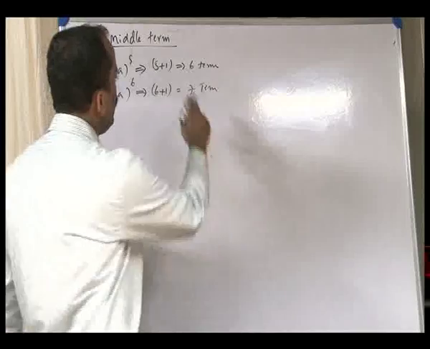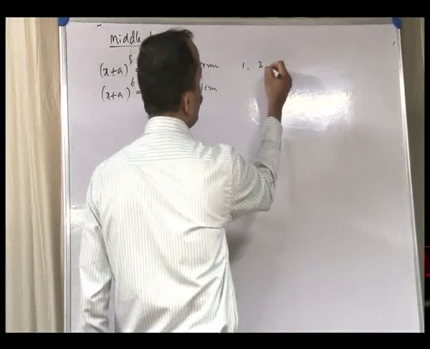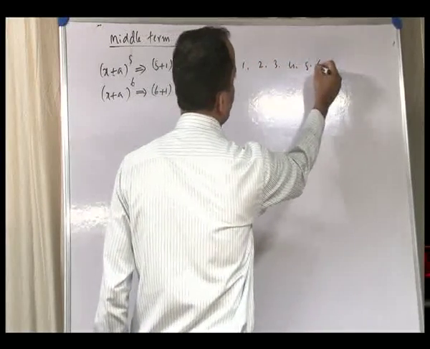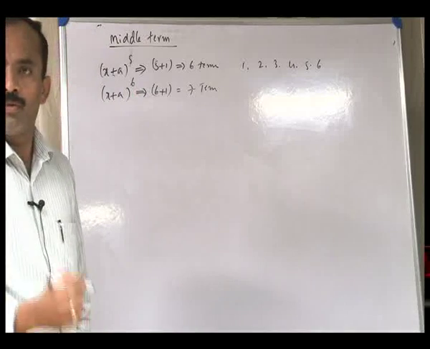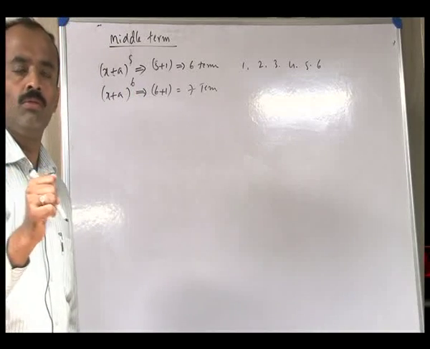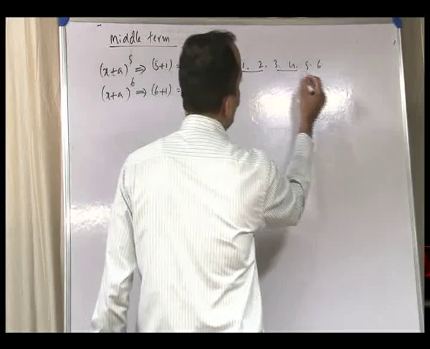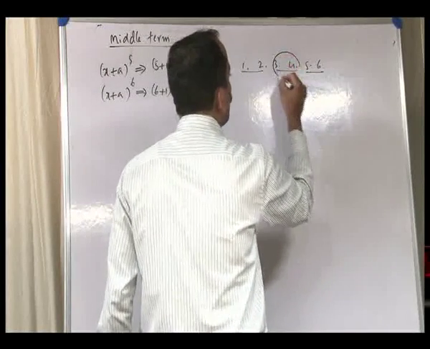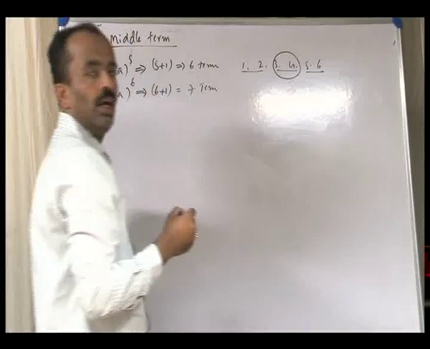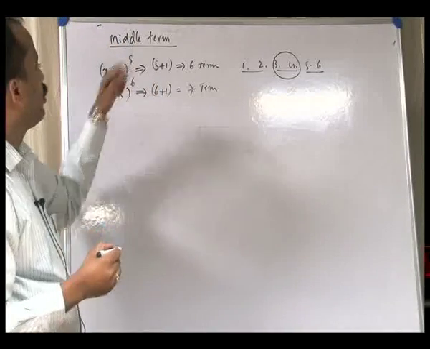If it is 6 terms, means 1, 2, 3, 4, 5, 6. There are 6 terms. So, which is the middle term? See, 3 and 4. There are 2 middle terms in (x + a) whole to the power of 5.